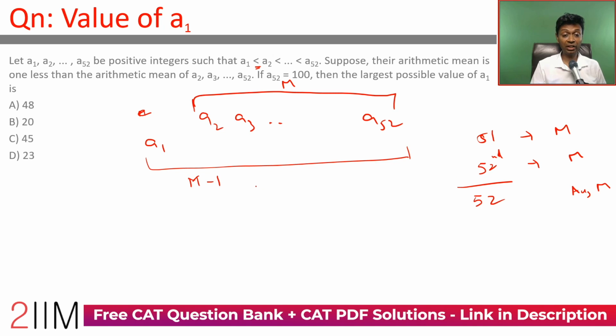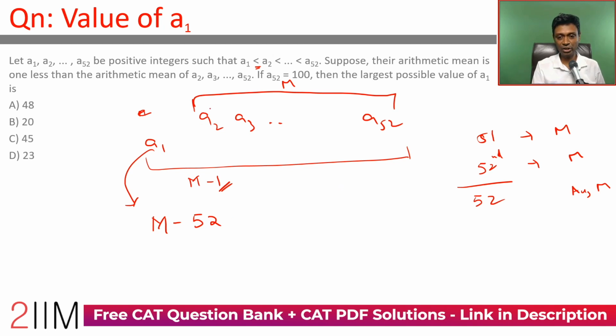The case we have here, the average falls by 1. That means the total should have fallen by 52. The average falls by 1. It's like you've taken 1 from each of these 52 entities. So that tells us our A1 should be M minus 52.